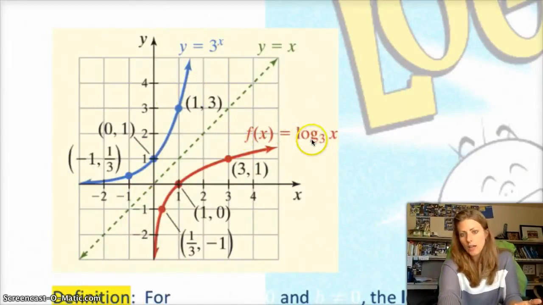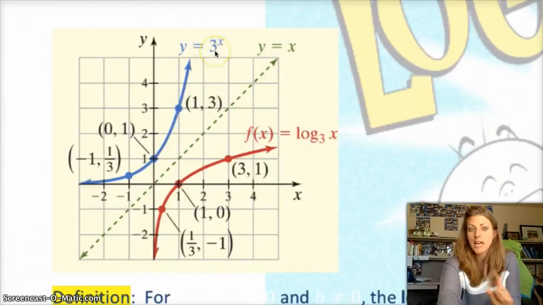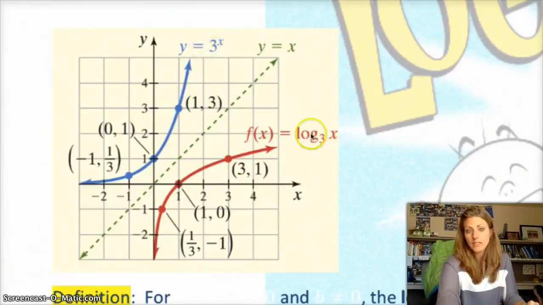You've got log base 3 of x. That 3 is like a subscript, and it just means that it's base 3, which is the same base as the corresponding exponential function. If I graphed y equals 4 to the x, this would be log base 4 of x instead.